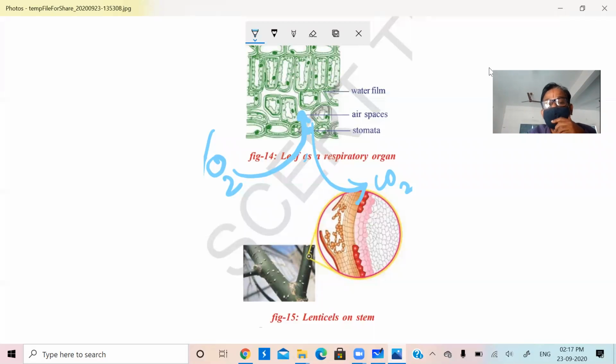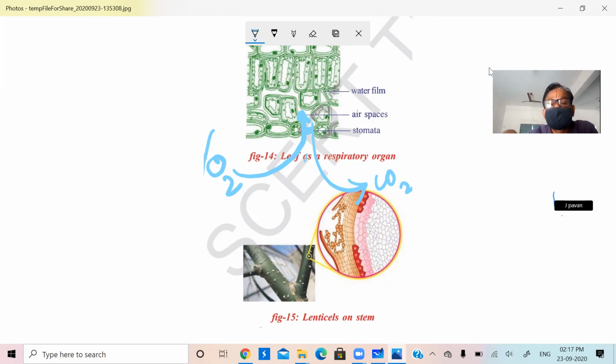Here there are spaces in between the cells. These are air spaces, filled with air. And around each cell there is a water film.